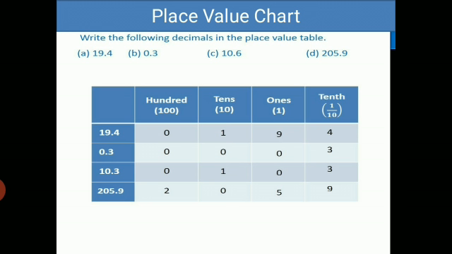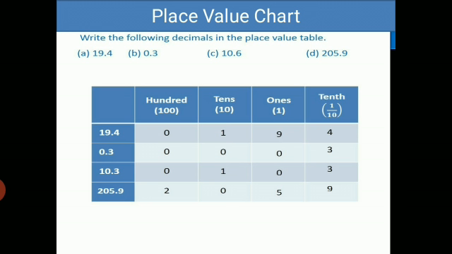Now in the next number, 0.3, 0 will be at the ones place, then the decimal point, and then 3 will be at the tenths place. In the next number, 10.6, 1 is at the tens place, 0 is at the ones place, then the decimal point, and then 6 will be at the tenths place.